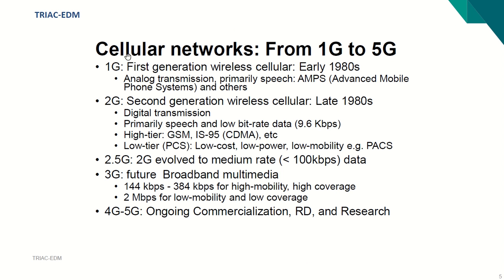Okay, so the cellular network, from generation to generation, has different requirements. So from 1G to 5G: the first generation in the early 80s used analog transmission because the primary thinking about wireless communication was to help people communicate by voice.